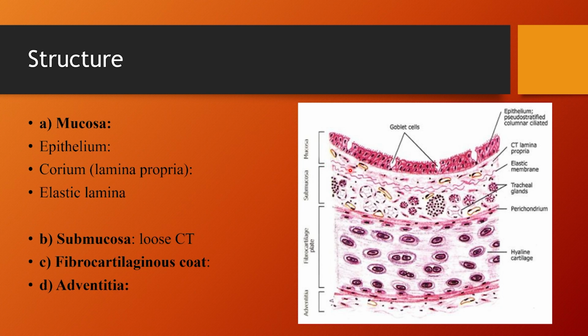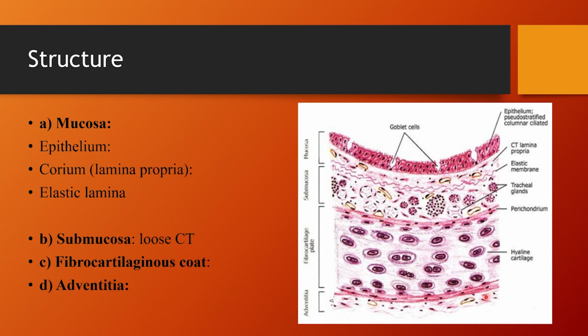Here is the mucosa. The submucosa, which is under all these, is a loose connective tissue. Thirdly, the fibrocartilaginous coat, which is the third layer. And finally, the adventitia, which is the fourth layer.